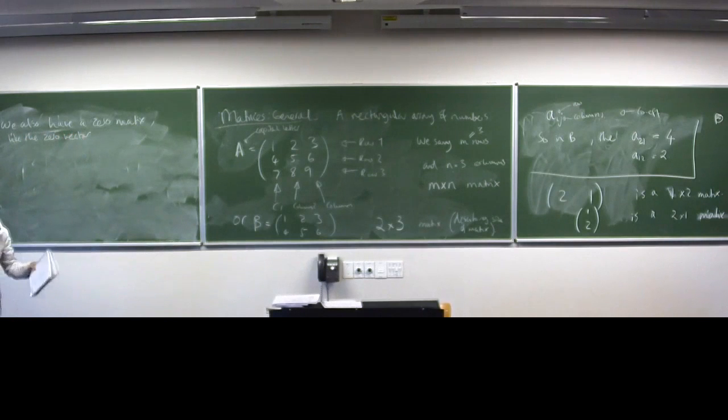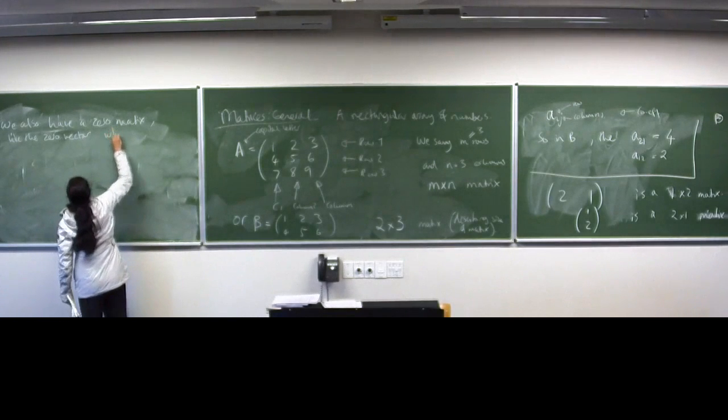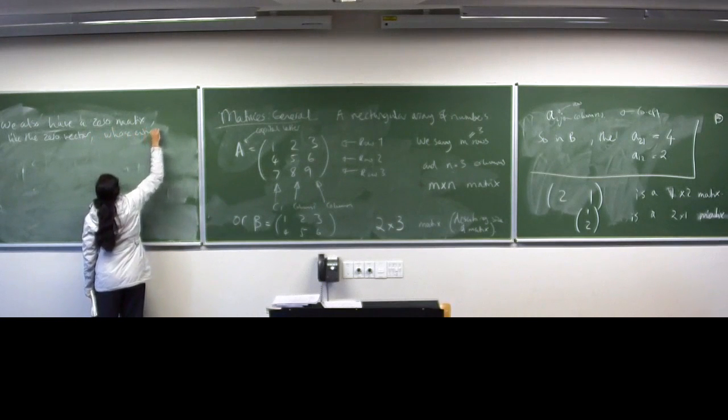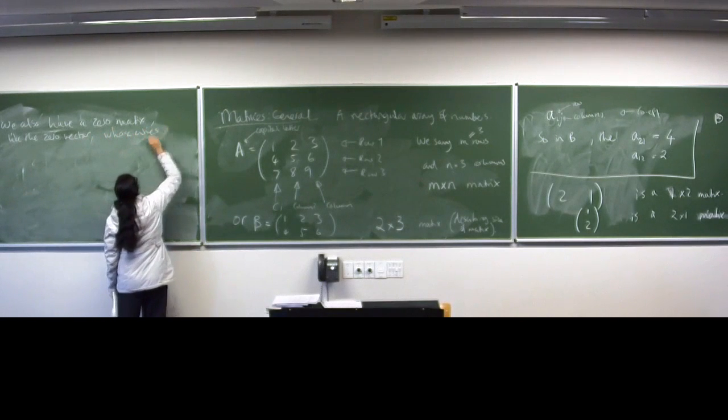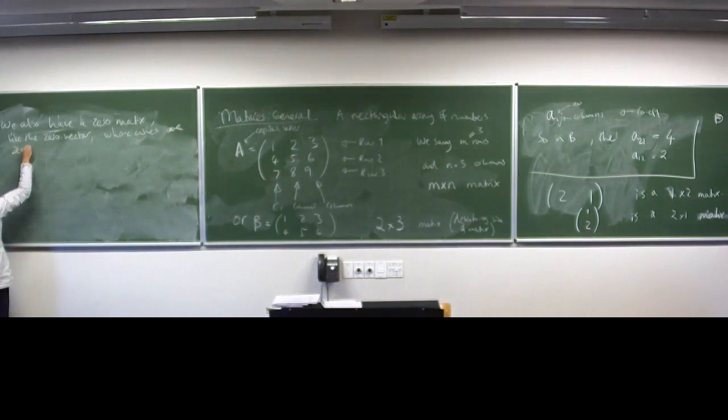Column vectors are matrices. Whose entries, we can say entries or coefficients, are zeros. Okay. So the next one we were talking about, what did I say?